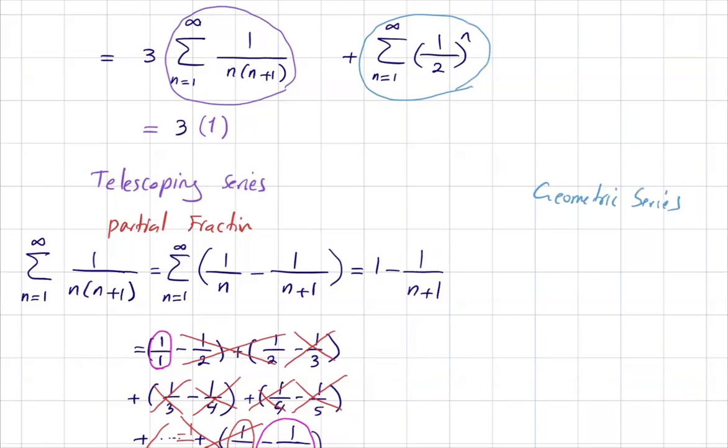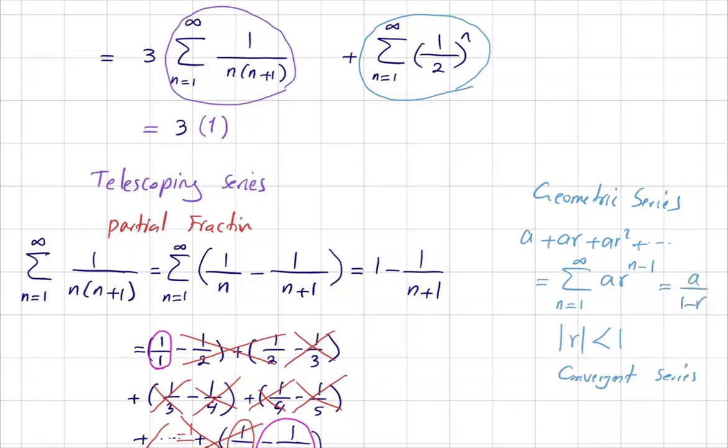The general approach for geometric series is, if you have a plus ar plus ar squared plus the rest of the terms, or the summation of ar to the power n minus 1, starts from 1 goes to infinity, as long as the absolute value of r is less than 1, you have a convergent series which converges to a divided by 1 minus r.